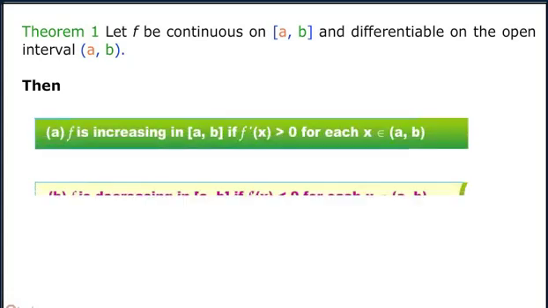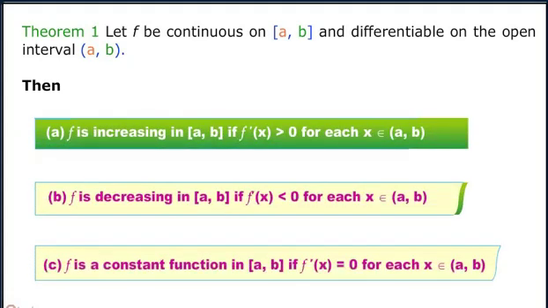Then number A, f is increasing in the closed interval a, b if f dash x is greater than 0 for each x belonging to the open interval a, b. Number B, f is decreasing in the closed interval a, b if f dash x is less than 0 for each x belonging to the open interval a, b.